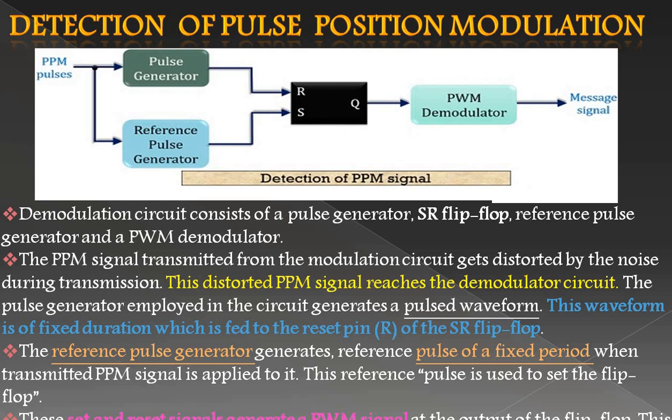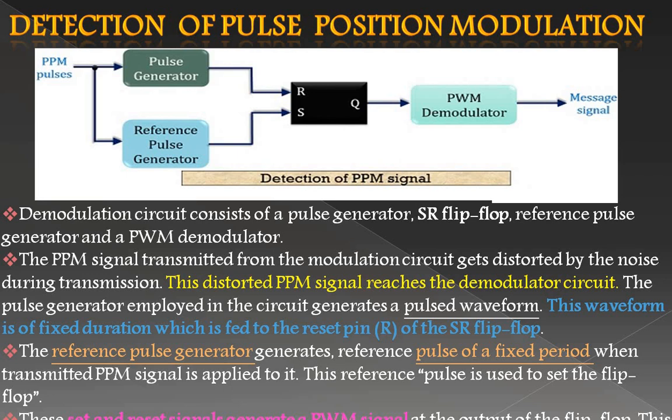Some kind of noise or distortion will compulsorily be added to your modulated signal. So here also we are seeing the same thing. The PPM signal transmitted from the modulation circuit or the transmitter will get distorted by noise during the transmission, and this distorted PPM signal reaches the demodulator circuit or your receiver. Correct?